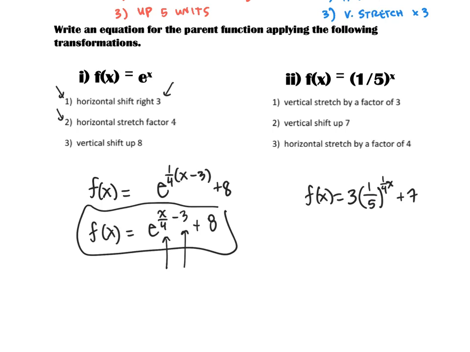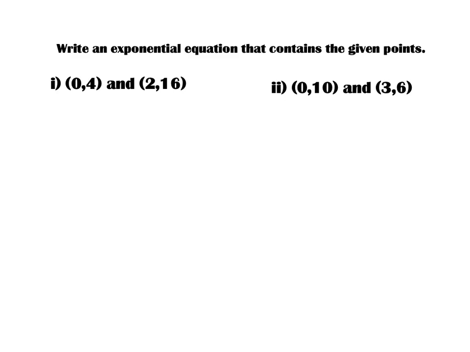Okay, let's go ahead and move on to our last slide where we'll look at writing a function based on 2 points. Okay, so here we are. We want to write an exponential equation that contains both of the given points. So we're going to take this function y equals a times b to the x, and we're going to substitute in each point individually.